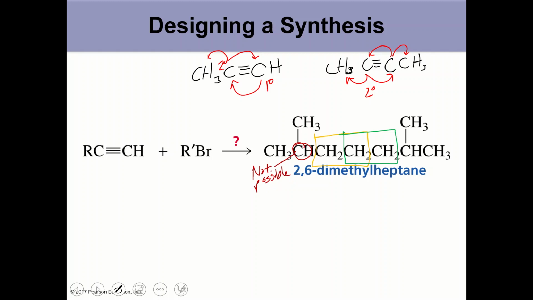Okay, so my initial alkyne, we can have 2 options. I could have my orange option, where my triple bond is between the 2 carbons that are in the orange square, or I could have my green option, where my triple bond is between the 2 carbons in the green square.